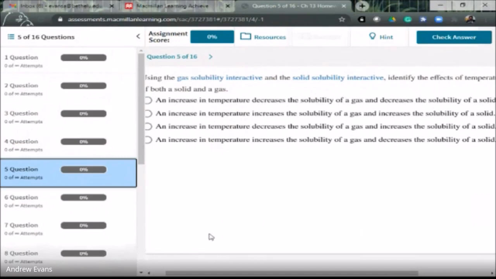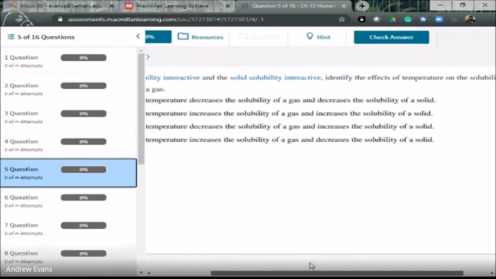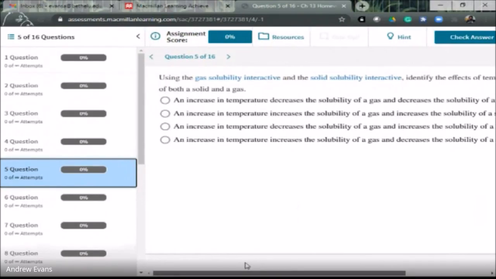Using the gas solubility interactive and the solid solubility interactive, identify the effects of temperature on both solid and gas. So here's what we've got to remember. When you increase temperature, most times you're breaking up the intermolecular forces by giving them more kinetic energy.